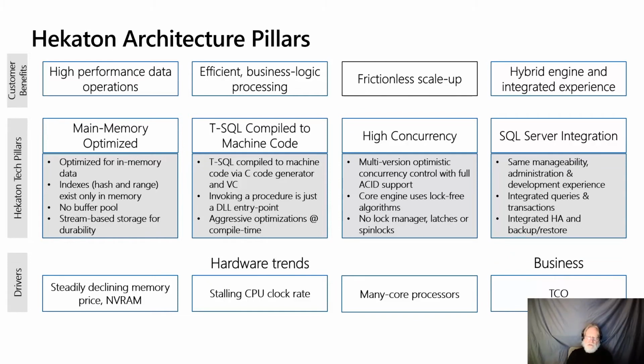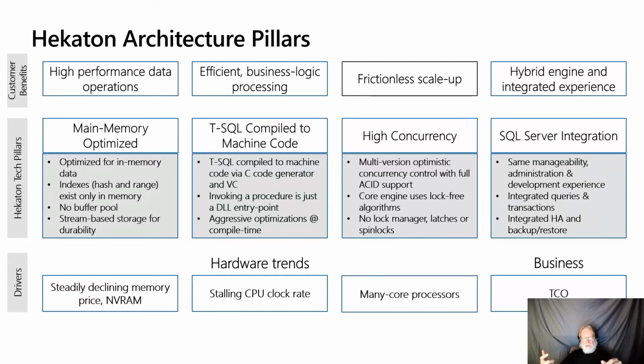If you know the data is in memory, you know exactly where it is, you can just follow a pointer to it. And that way you can take whole stored procs and compile them into machine code using C generation. We translate the T-SQL into C and use the VC compiler to compile it, and we build a DLL and load it into the engine at runtime.